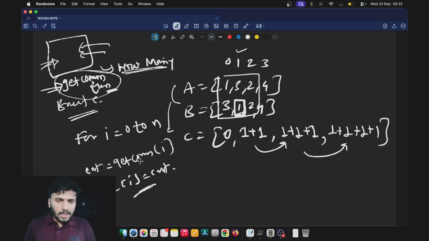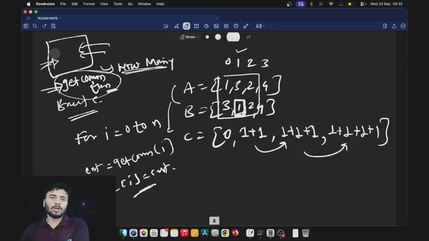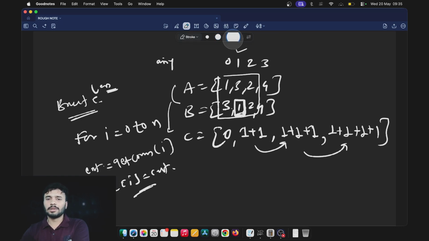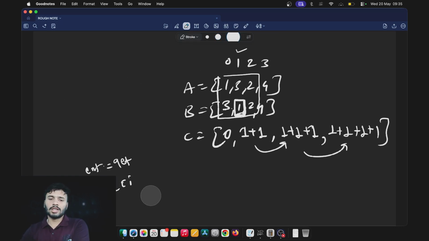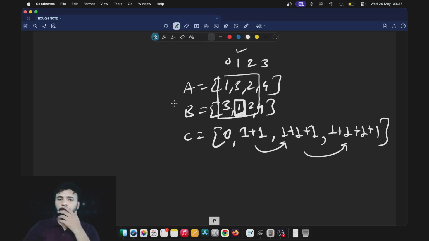Now the most interesting part is how we can get the algorithm which will tell us how many elements are common in both. So let's think in that direction. It's pretty simple if I directly started the code, but right now I'm also explaining.